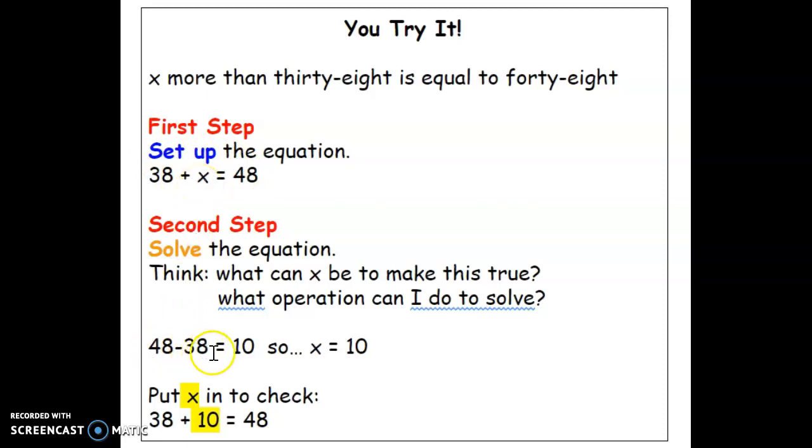So 48 minus 38 equals 10, so X should equal 10. Here's the most important part. I tell you guys all the time that checking is vital to your work, and that's so important, especially in this work. So let's put X in our equation to see if it would work. 38 plus 10 does indeed equal 48, so we are correct.